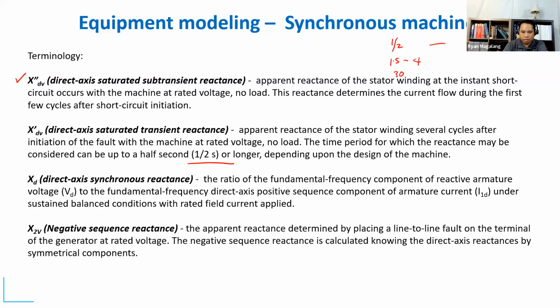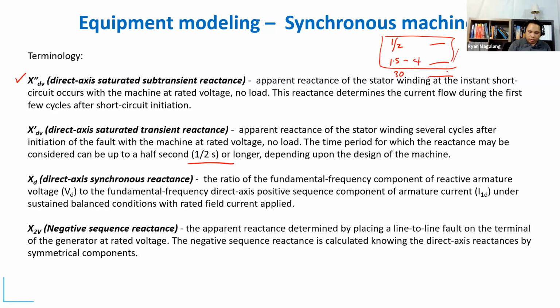So half cycle, all motor contribution is there, and then 1.5 to 4, induction is gone. Maybe you have contribution from synchronous motors, and then at 30 cycle, all motors are gone. You only have contribution from your utility.